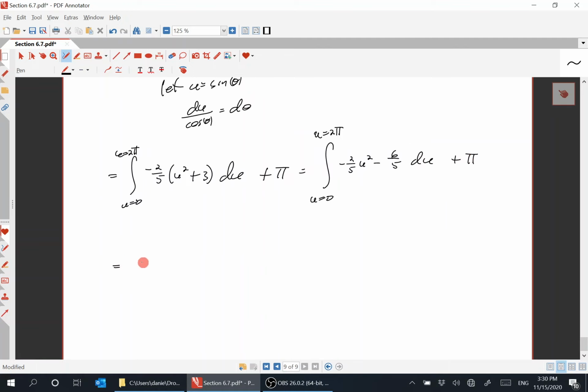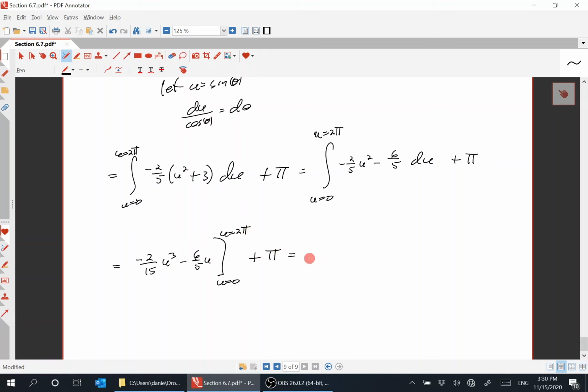So that's equal to minus 2 over 15 u to the third minus 6/5 u from u equals 0 to u equals 2 pi, plus pi.